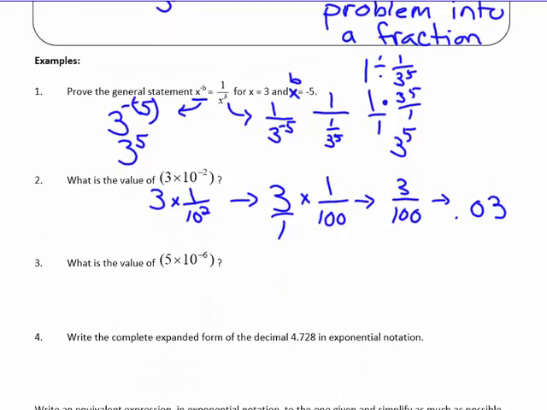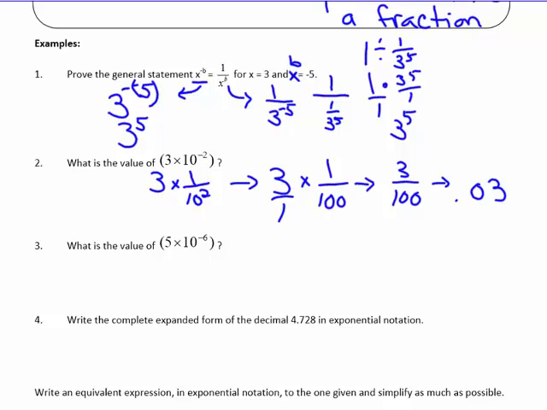All right, what is the value of 5 times 10 to the negative 6th? So this is telling me 5 times, and the negative exponent tells me to put it underneath 1. I can do 10 to the 6th, 10 times 10 times 10, 6 times, which is really a 1 with 6 zeros. 1, 2, 3, 4, 5, 6.